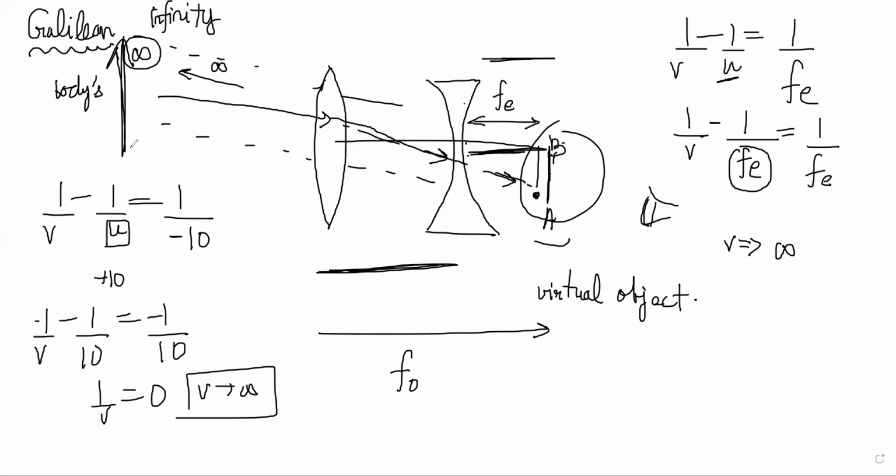You get an erect image at infinity, but it is a virtual image. So there is the normal telescope you need to understand properly, and then there are two modifications. The terrestrial telescope, where you put a lens in the middle, which adds an extra 2f1 plus 2f1 in the middle.